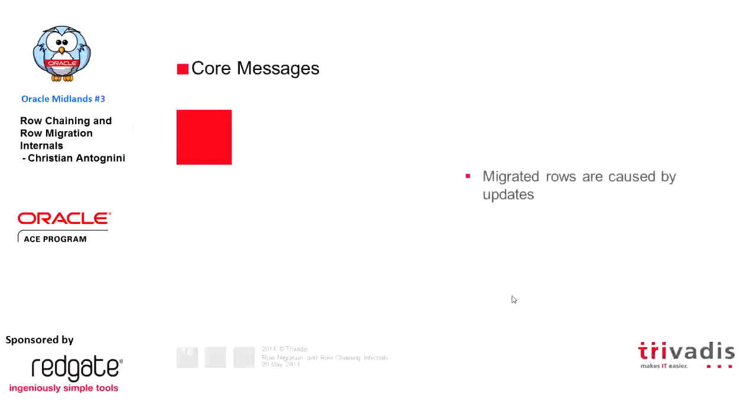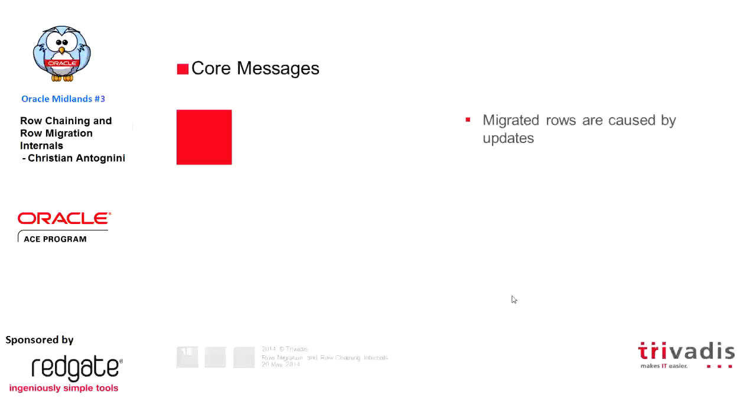Okay, that was basically what I prepared for the second talk. I would say the most important messages are: migrations are caused by updates. They can be avoided if you have a PCTFREE which is more or less correctly set. Chained rows are caused by insert or update.